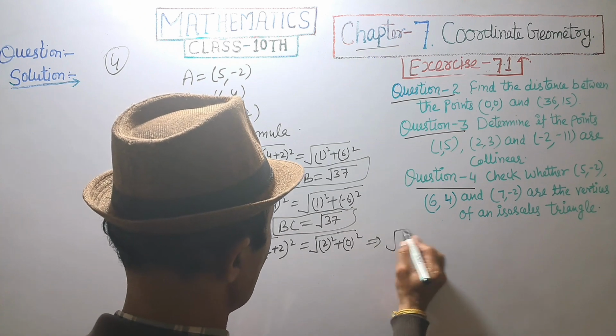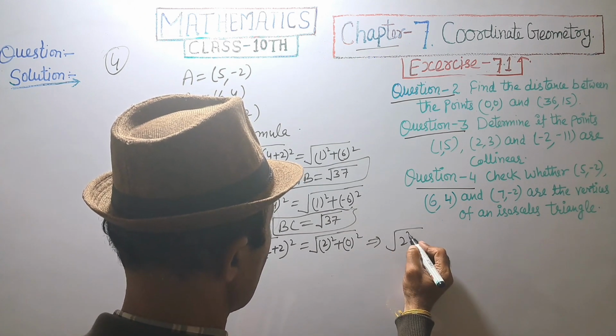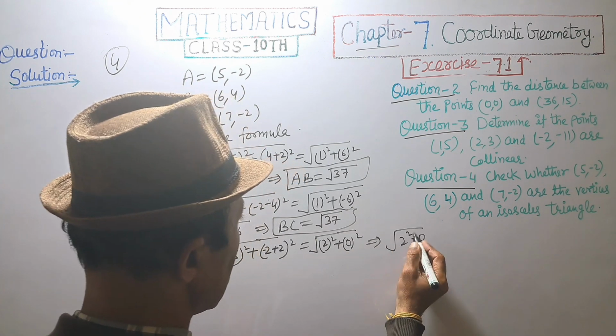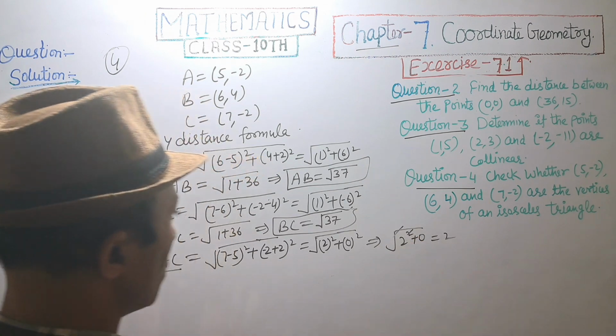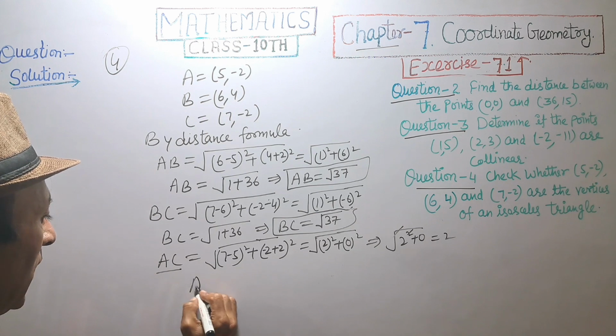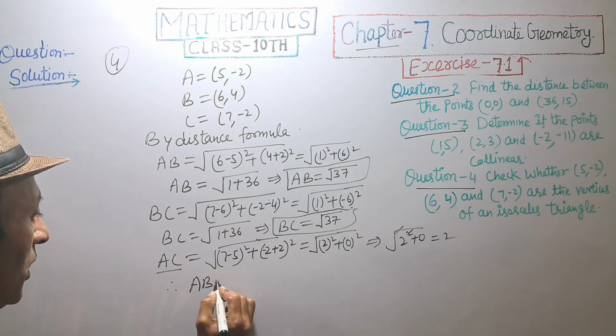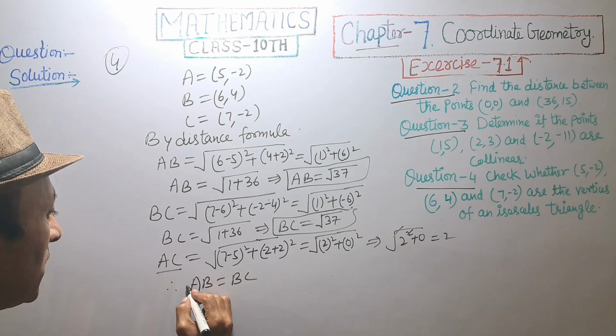This implies under root of 2 square plus 0, the square cancels, equal to 2. So AB is equal to BC.